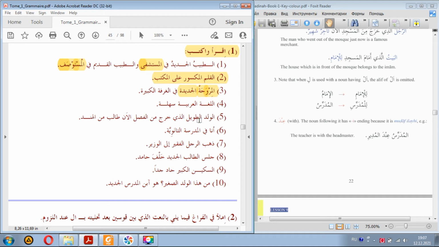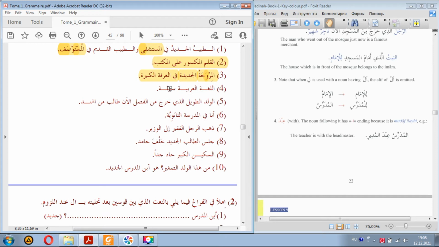It's a fan that's blowing. الجديدة في الغرفة الكبيرة, the new fan is in the big room. في الغرفة, you see it has kasra because it's preceded by harf al-jarr, preposition. But الكبيرة, it's na't, adjective for noun. Therefore it has also kasra in the end. اللغة العربية سهلة. اللغة العربية سهلة.